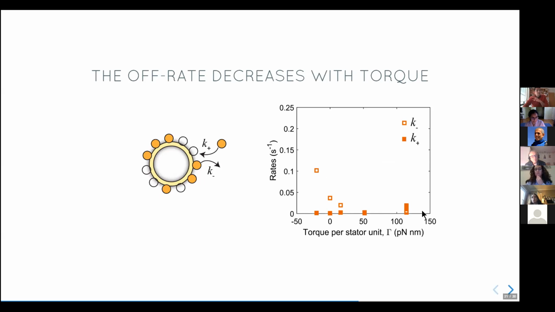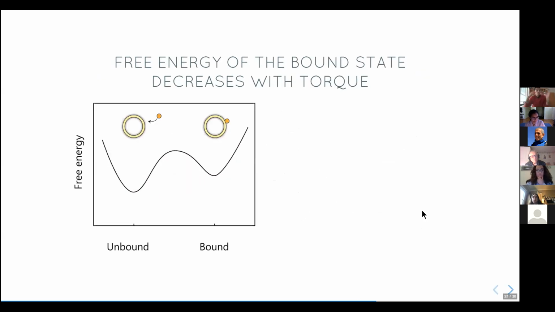And that lends itself really nicely to this picture of a free energy landscape, if you will, of the stator binding, where what I'm showing here is the free energy as a function of whether the unit is bound or unbound, shown by this schematic on top. And what we believe is that at low torque, the bound state has a higher free energy than the unbound state, which means that it is actually less favorable.